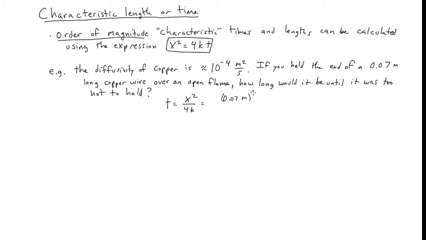I'm going to square this, divided by 4 times 10 to the minus 4 meters squared per second. You can see that the meters squared are going to cancel. We're going to have seconds. And if we put that in the calculator, you get about 12.3 seconds. And it turned out to be remarkably close when we did this demonstration in class.